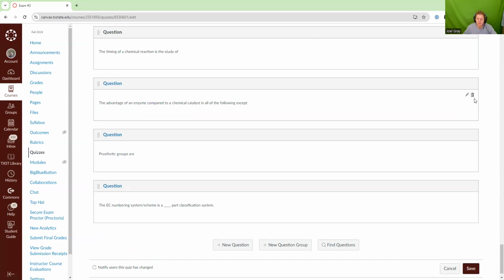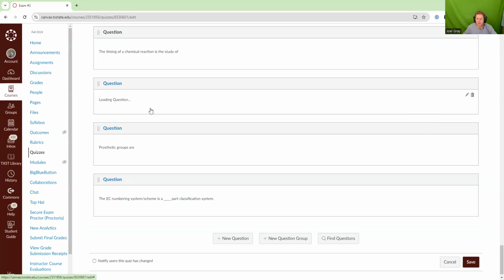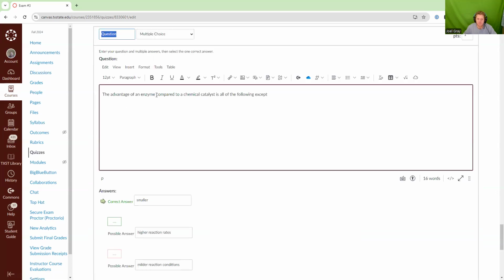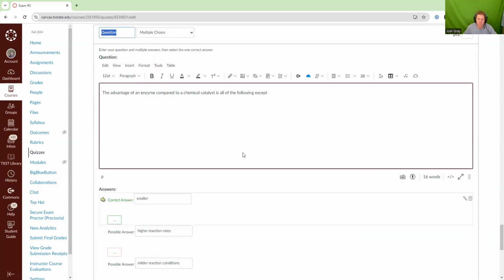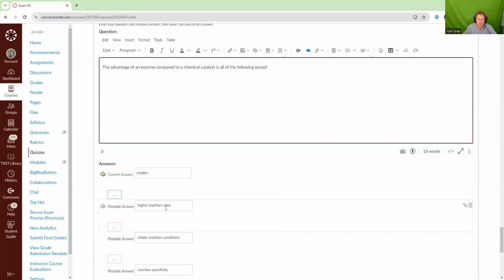The advantage of an enzyme compared to a chemical catalyst is all of the following except, okay, an enzyme catalyzed reaction is that the enzyme is going to move at a much faster rate, a much milder reaction, and it's going to be much more specific.